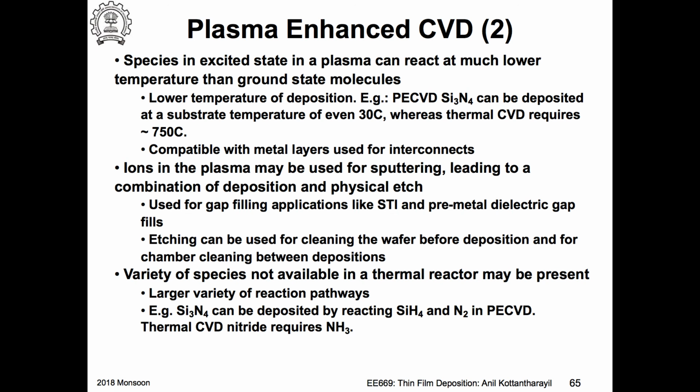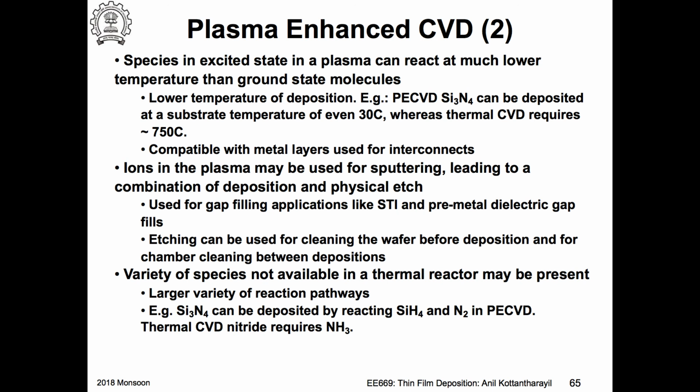So a lot of the things we have seen, and what we are going to see here, are common to all plasma systems. So what we will do is just recollect some of them and review them in the context of CVD deposition.